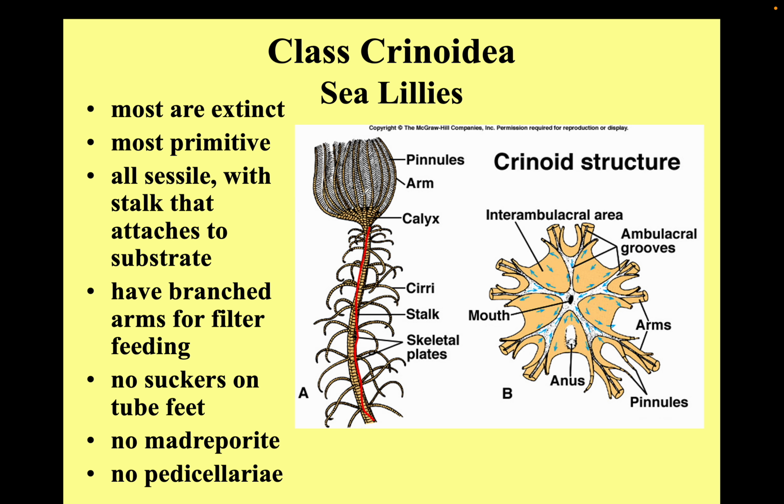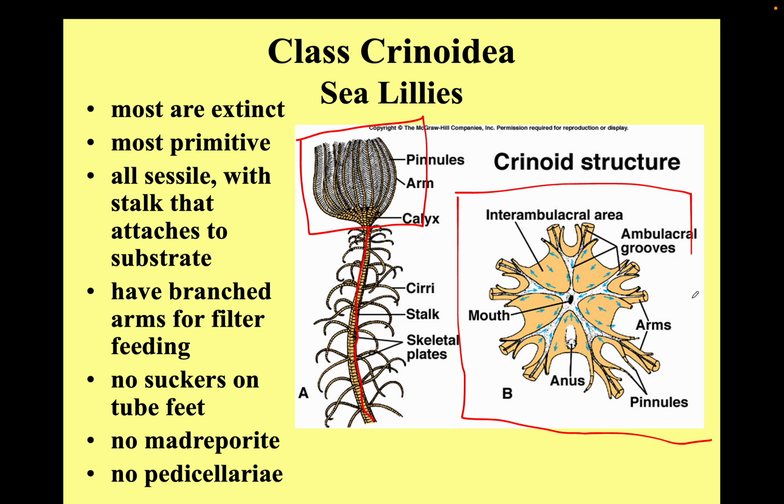If you take a look at this structure here, you can further dissect the animal and find the specific structures associated with the organ system, especially the gut. The tube feet do not have suckers on them. The madreporite is absent.